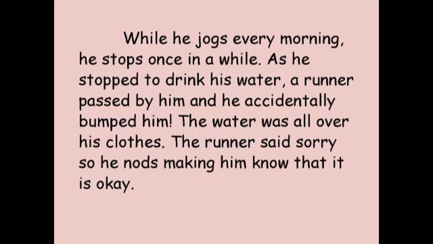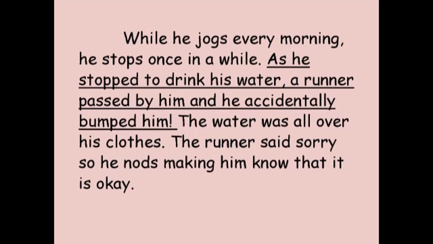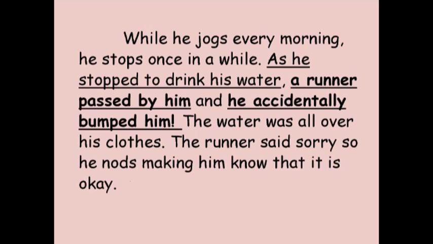Next, the sentence, as he stopped to drink his water, a runner passed by him and he accidentally bumped him, has one dependent, as he stopped to drink his water, and two independent clauses. A runner passed by him and he accidentally bumped him. It was connected by a coordinating conjunction and, therefore, it is a compound complex sentence.